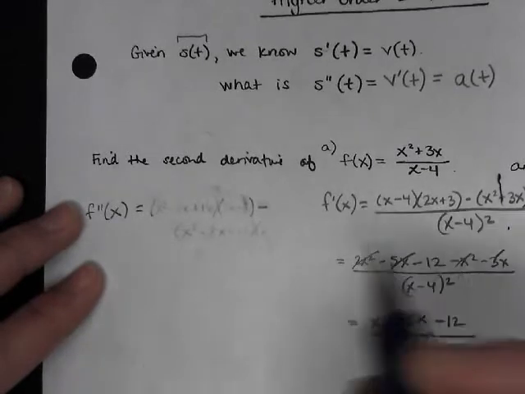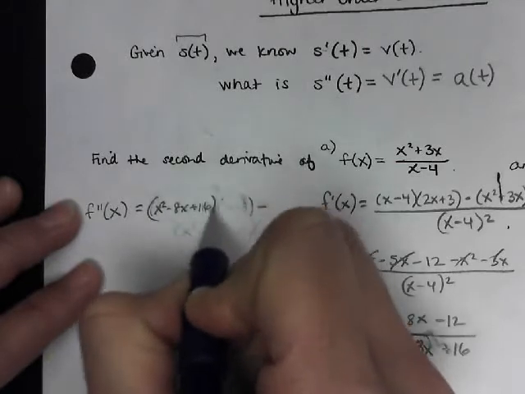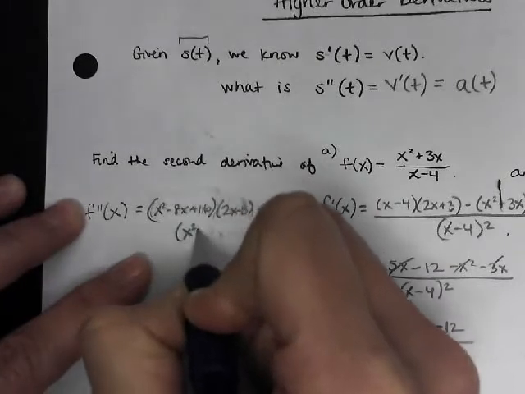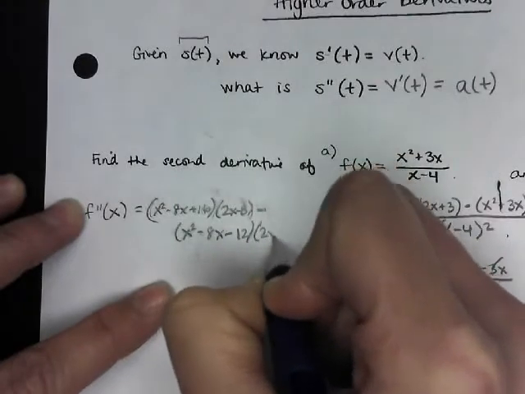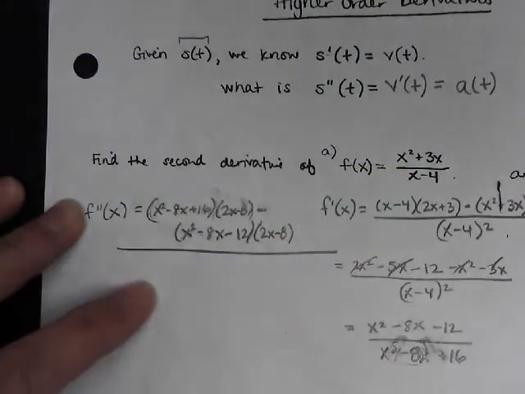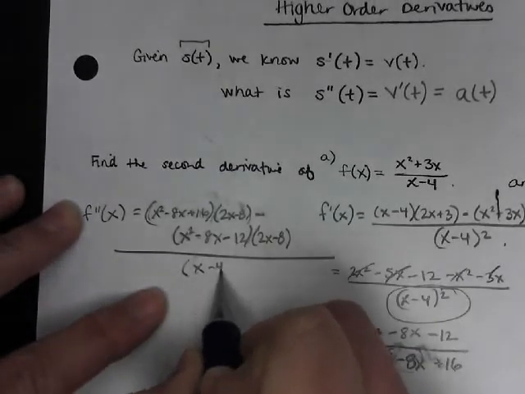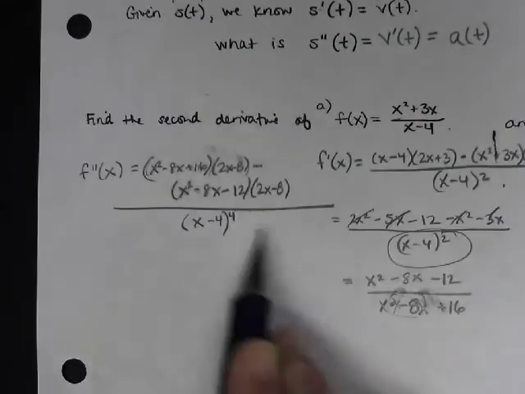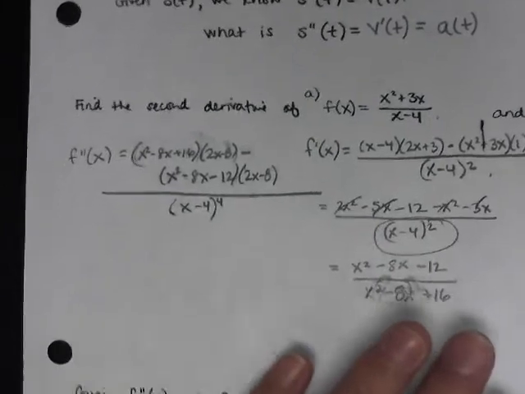Oh wait, no I didn't. Sorry. Bottom times the derivative of the top minus the top times derivative of the bottom, 2x minus 8, all over bottom squared. Which the bottom was this, so if I do want to keep it cleaner, I can just square that, which would make it to the 4th power. And then cleaning up the top and so on and so forth, which I'm not going to do for the sake of time, but you understand the process of now the second derivative.